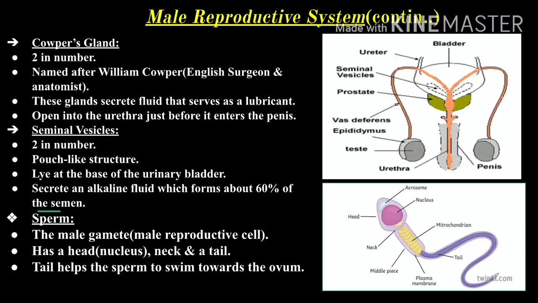As I told you, many questions they will ask from this part, like the location of testis, that is scrotum, such kinds of questions. Another one: fertilization is external in fish and amphibians. This kind of question you have to prepare.